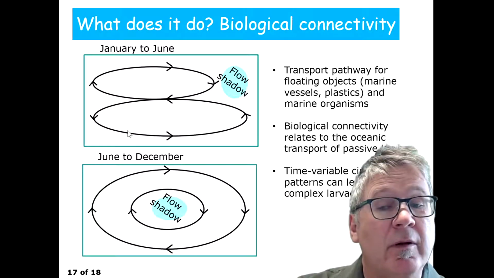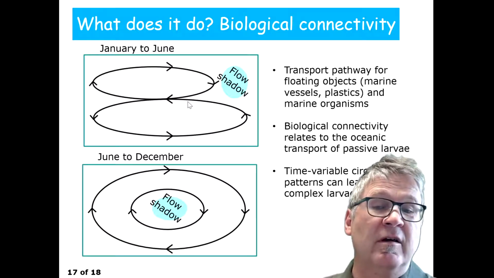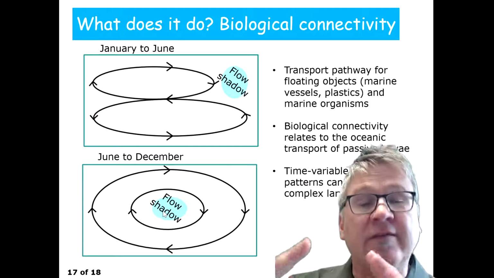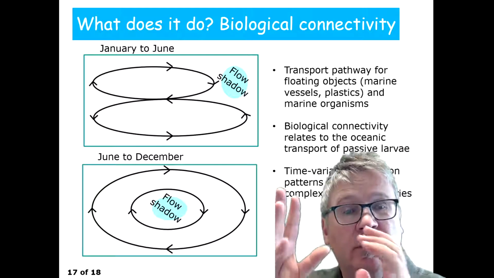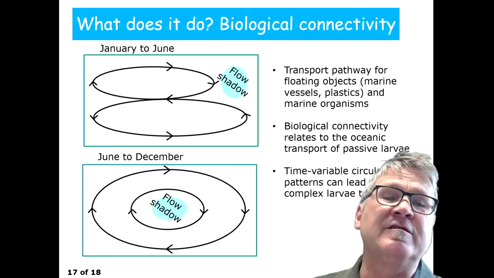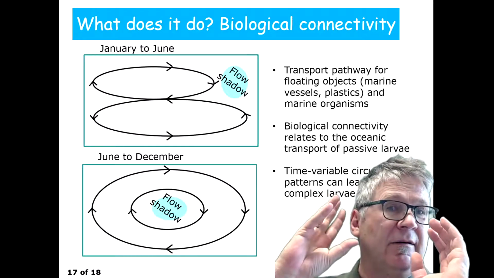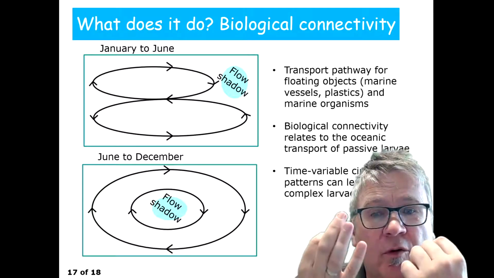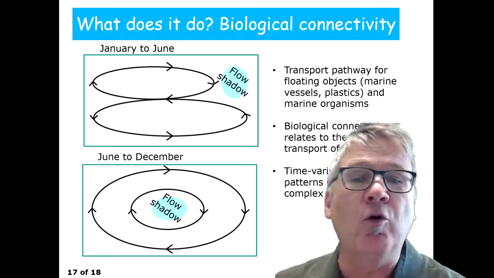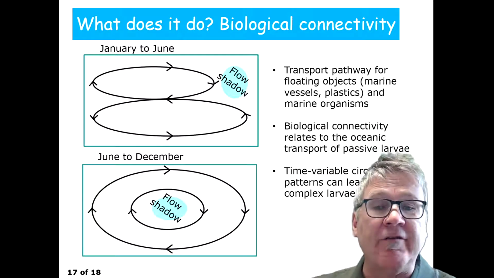Or you become subject to this central flow from east to west, and you become trapped in this flow shadow inside this zone. So you can see, you can use this example to illustrate there is a great variety of different situations, very complex features if you think of the trajectories, the flow path of objects in the ocean or fish larvae.